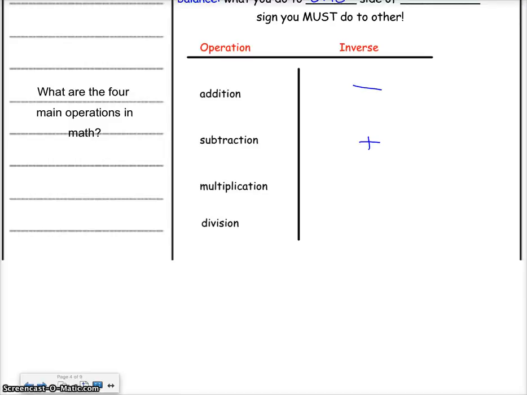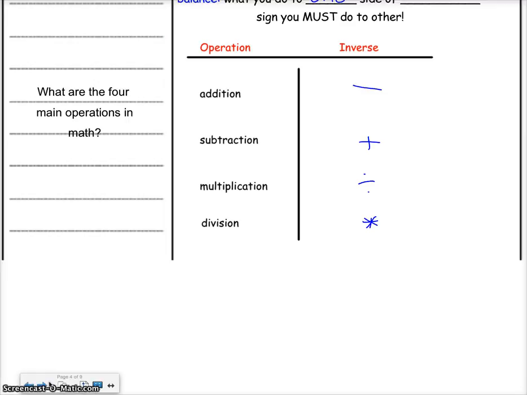What's the inverse of multiplication? Division. We show division with the division bar as 7th graders. And what's the inverse of division? Multiplication. I'm just going to put that little asterisk. That represents multiplication. So, you must know those. Inverse operations are like the opposite, quote unquote.